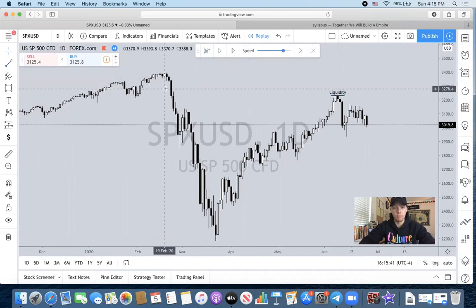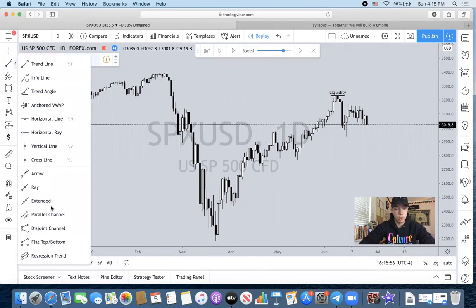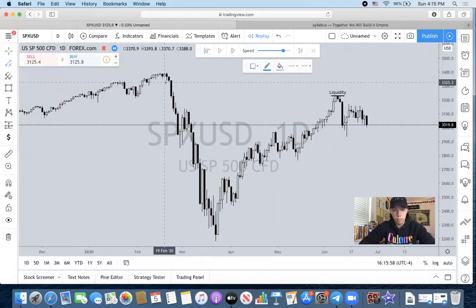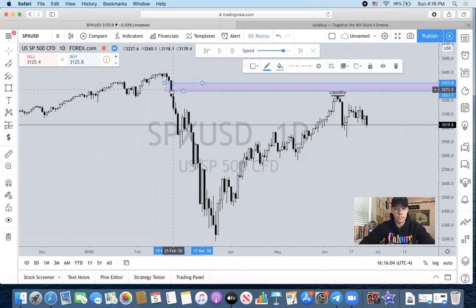As I look left, we see that on this daily structure we have left an imbalance on this sell candle, which means during this day it was full sell action, and we had no retracements from the wicks back into it from that next day. So I like using this parallel channel, bringing it out from that previous day's wick and all the way down to that next day's wick, right?